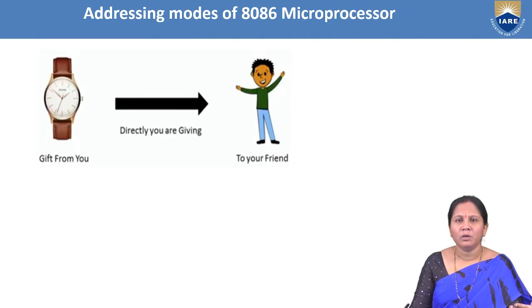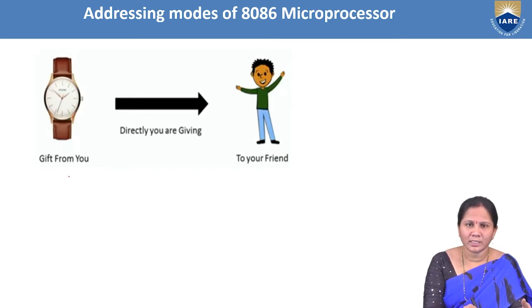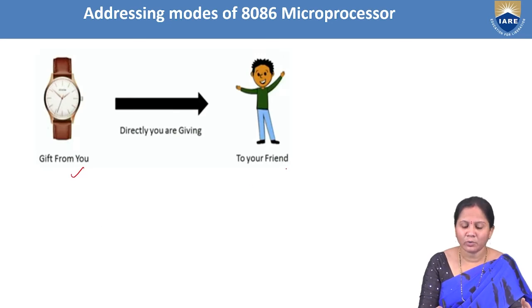Before going to the discussion and examples of addressing modes, first we will see a general example of how addressing modes are related. Suppose you take one example: consider this is a gift, and you are going to give this gift to your friend.